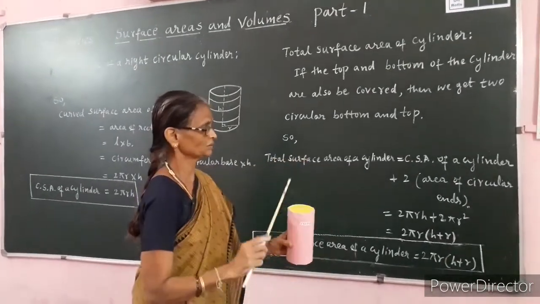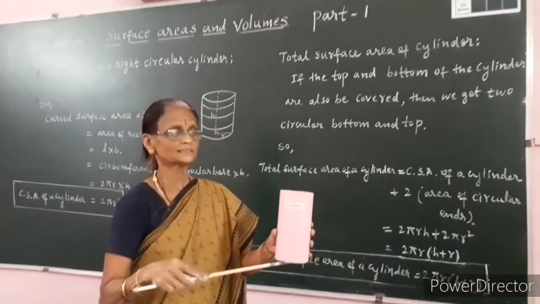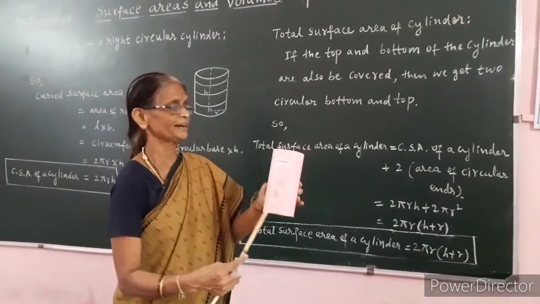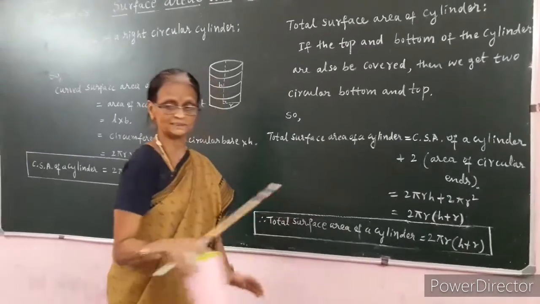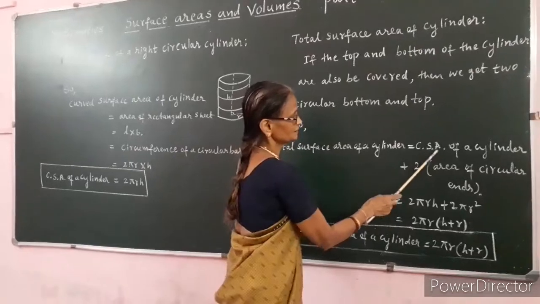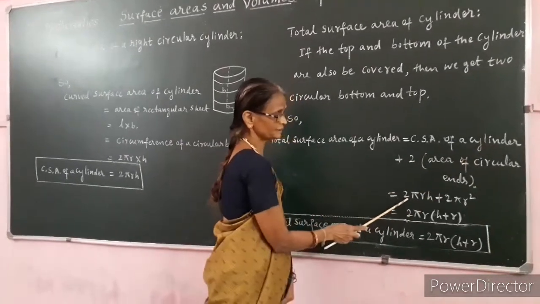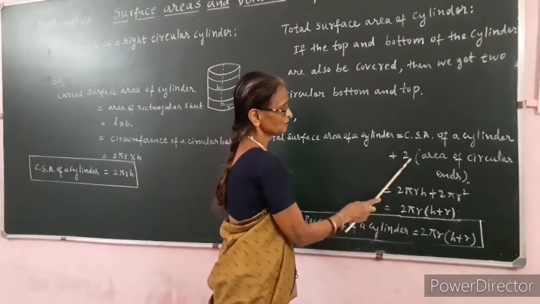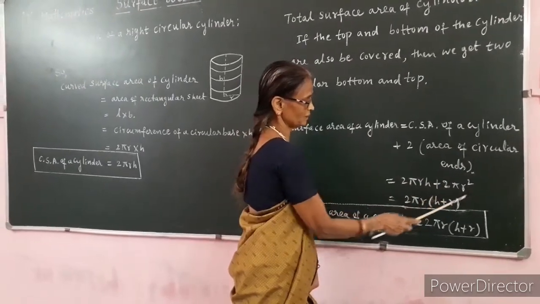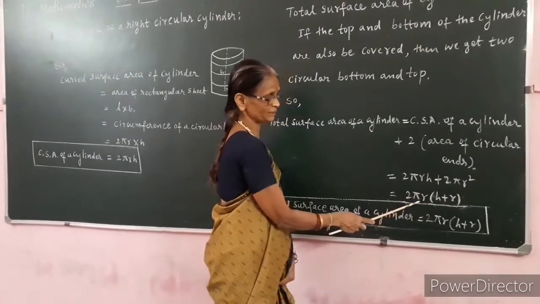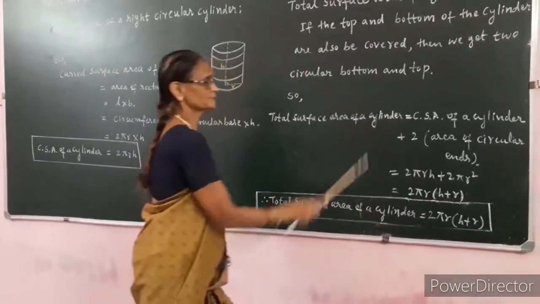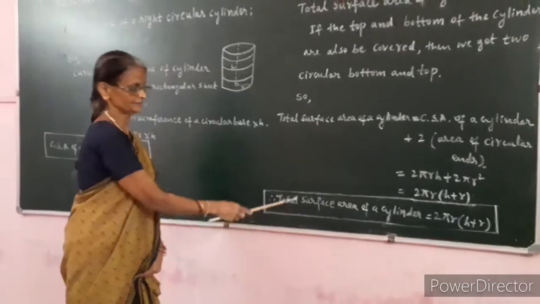So we have to find the area of the two circles, and the curved surface area should be added up. We will get the total surface area of a cylinder. That equals the CSA of a cylinder, we know that is 2 pi r H, plus 2 into the area of a circular end, which is pi r square, that is 2 pi r square. 2 pi r is the common factor: 2 pi r into H plus r.